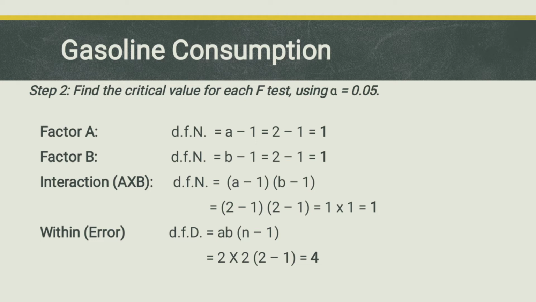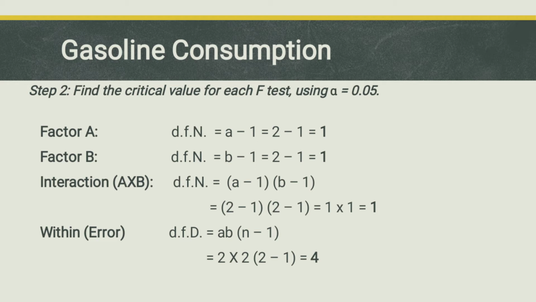Substitute the values of A and B, so 2 minus 1 multiplied by 2 minus 1 is equal to 1. For within error, the degrees of freedom denominator is equal to AB multiplied by quantity N minus 1. Substitute the values of A and B and also N, where N is the number of data values in each group. So 2 times 2 is 4, multiplied by 2 minus 1, is equal to 4.